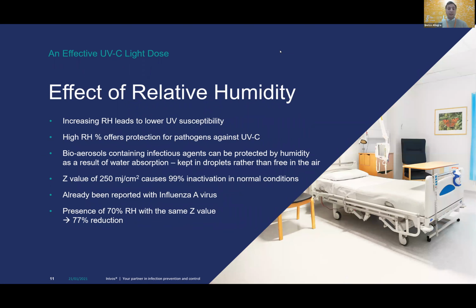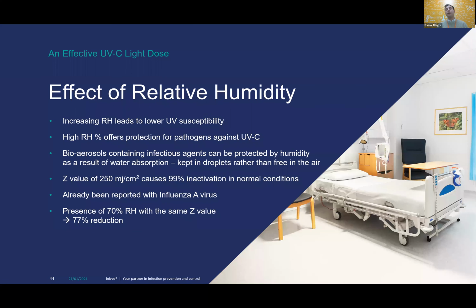For example, this study showed that for influenza virus, although the exact same dose was applied at different RH levels in the rooms that were set up, the inactivation of influenza virus dropped from 99% to 77% using the same 250 millijoule. This study showed that the inactivation of influenza virus was statistically different in relation to the RH.